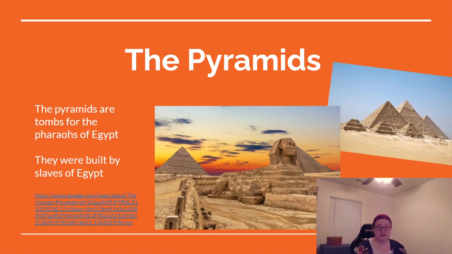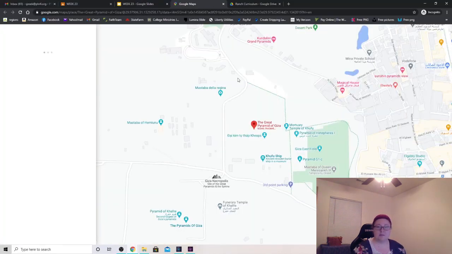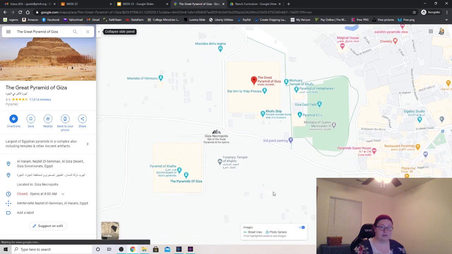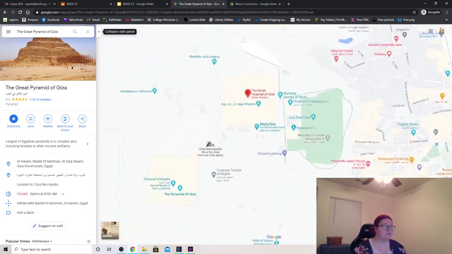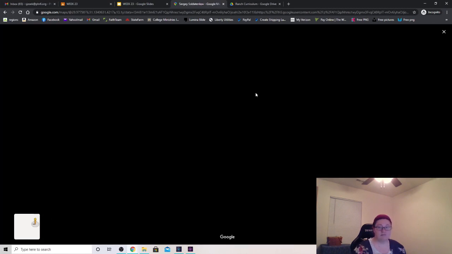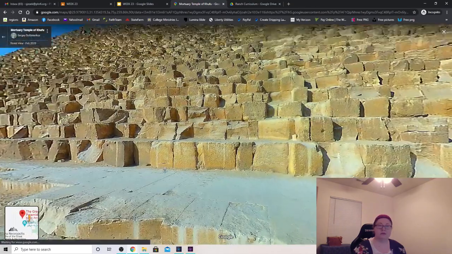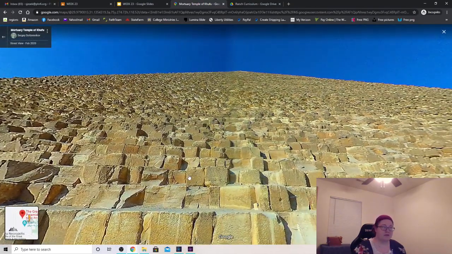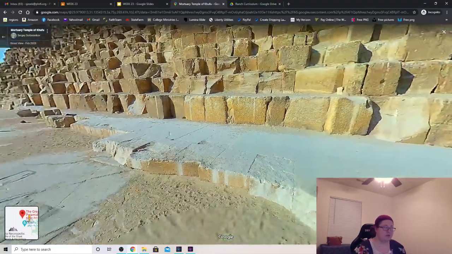So let's take a look around on Google Maps and see about the pyramids. I need to take this little guy in the corner, and just plop him somewhere, like here. Here we are, standing at the base of one of the Great Pyramids.